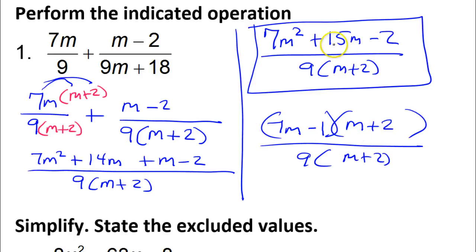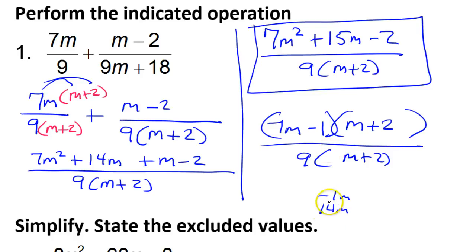Now the question is, does that make 15? It's actually closer than I thought, because inner we have negative 1m, and outer we have 14m. If this had been a positive 1, then that would have made 15 and it would have been factorable.